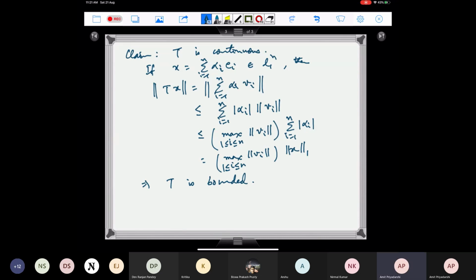Next we will show that T inverse is also continuous. This is claim 1: T inverse is also continuous. We'll prove this by contradiction.